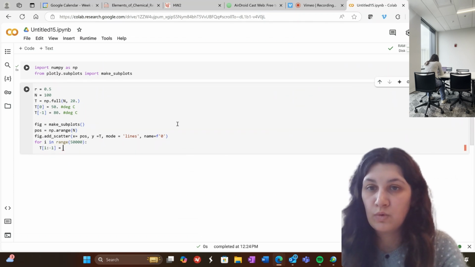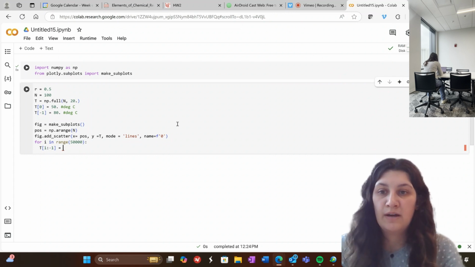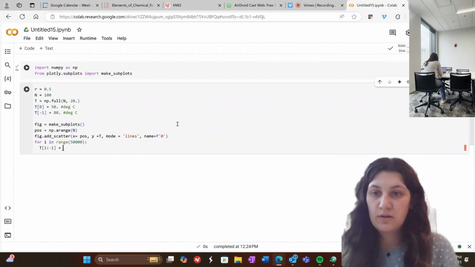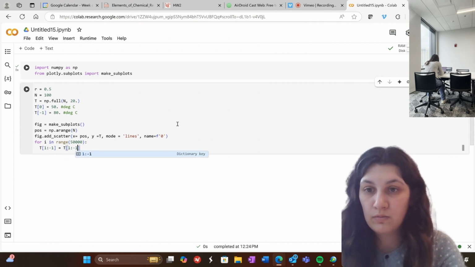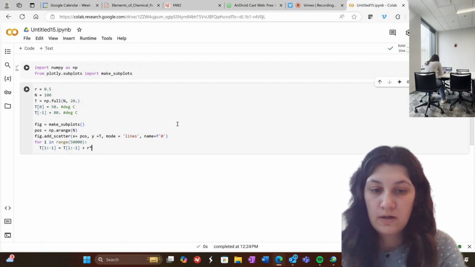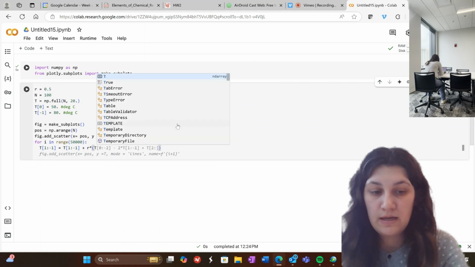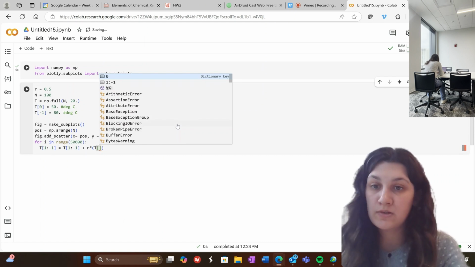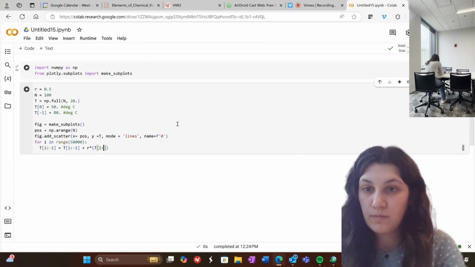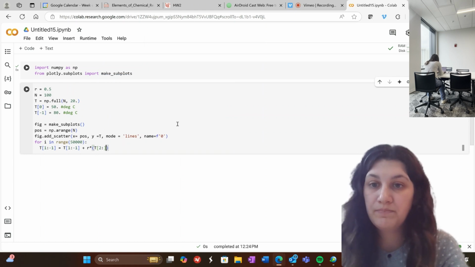And now this is equal to that equation that we derived in the previous part. So that is T[1:-1] plus R times that T_(j+1). We're going to go from 2 on.